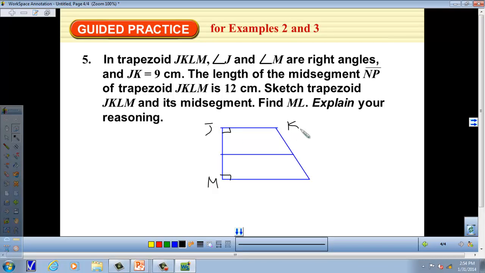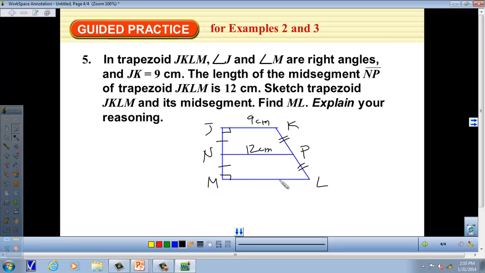So K is here, L is here, and NP is the midsegment where those two segments are equal. We know that JK is 9 centimeters, and we know the midsegment is 12 centimeters in this case.